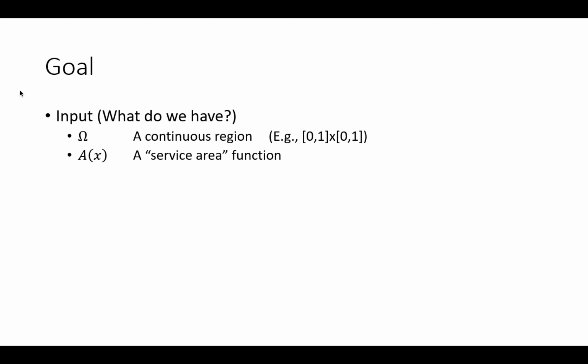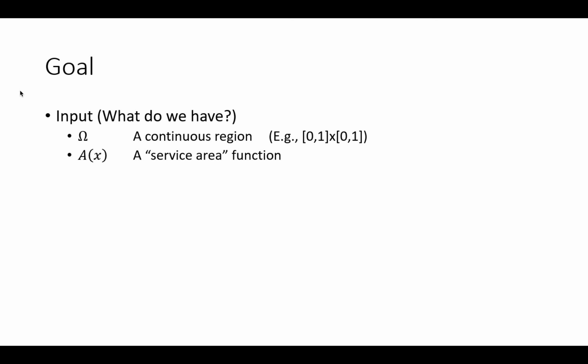And right now, we have introduced the continuum approximation algorithm, which gives us a service area function. It is not the final solution of the facility location problem, but it's a continuous function defined over the entire region. And the meaning of this function is that according to the CA estimation, around each point x, we would like the service area of a facility, if built around x, to be A of x.